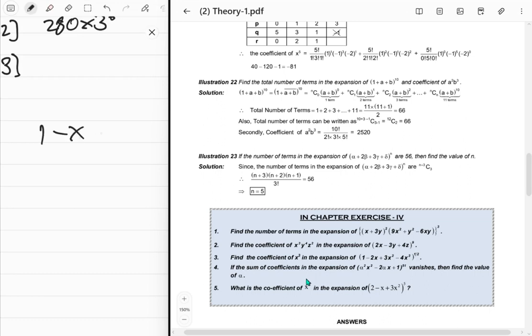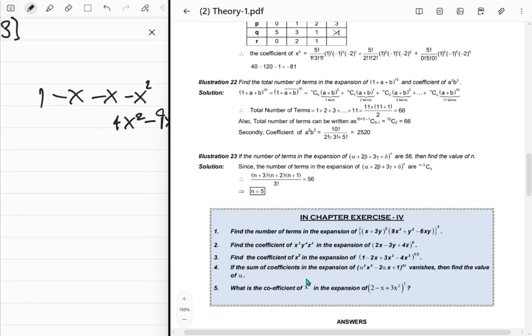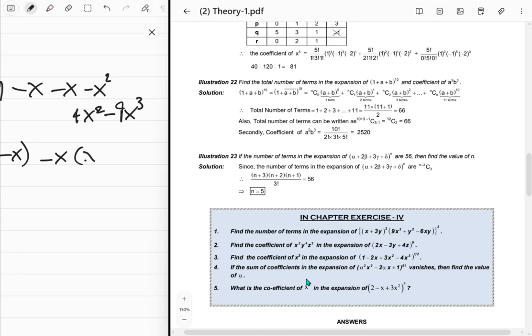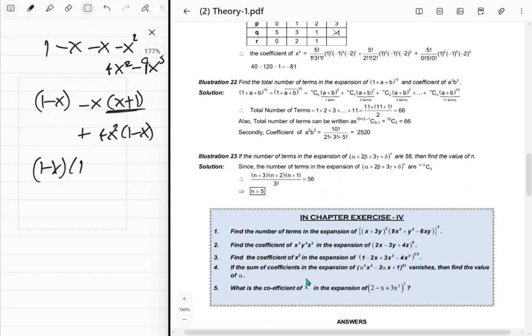So 1 minus x, then minus x squared, which is like 4x squared minus 4x cubed. So this will be 1 minus x, and then minus x into x plus 1. Yeah, this is getting bad. And then plus 4x squared into minus x. So this will be like 1 minus x times 1 plus 4x squared, and it doesn't work. Some other way of doing it, of course.